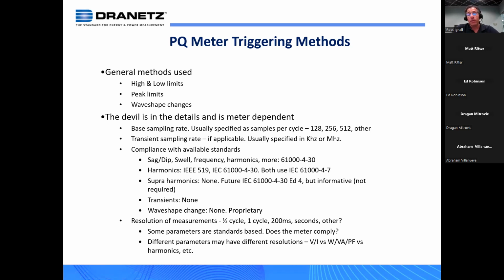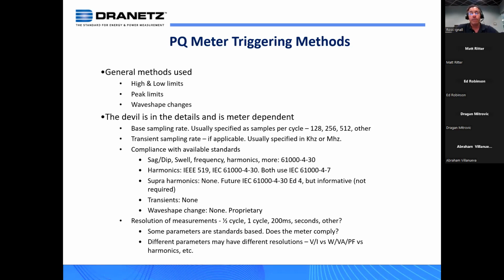Historically, digitization years ago was 32 samples per cycle. These are usually represented as digitized samples per cycle. Then they went to 64, 128, 256. The common sampling rate right now is 512 samples per cycle on basic power quality meters, though basic is probably the wrong term to use. That's the base sampling rate that is used.